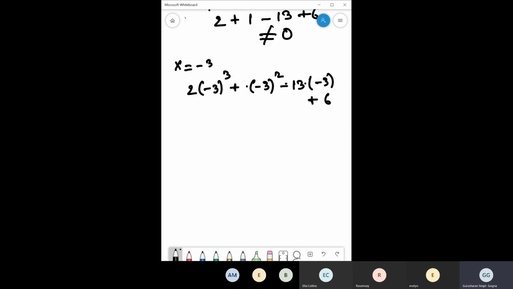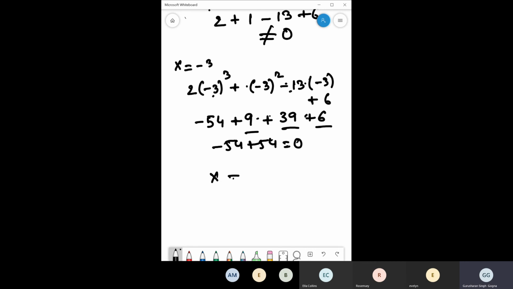So minus 3 cubed is minus 27. So this will give you minus 54. This will give you 9, and minus 13 multiplied by minus 3 will give you 39, and then plus 6. So 39 plus 9 is 48, and 48 plus 6 is 54. So minus 54 plus 54 is equal to 0.